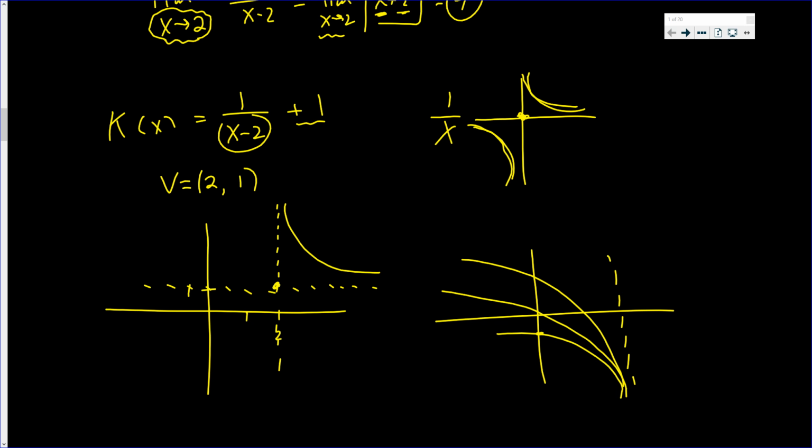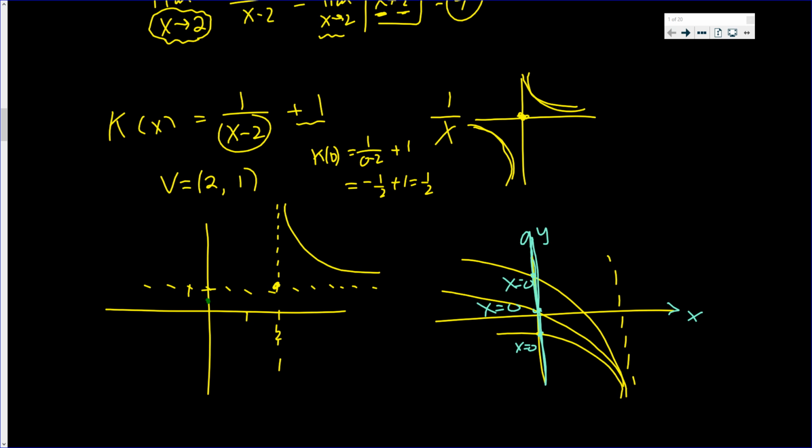Well, in all 3 cases, the x value is 0. Why? Because whenever you're on the y-axis, x is 0. So plug in 0. What is k of 0? It is 1 over 0 minus 2 plus 1, which is 1 over negative 2, which is negative a half, plus 1, which is a half. I now know that I cross at 1/2.